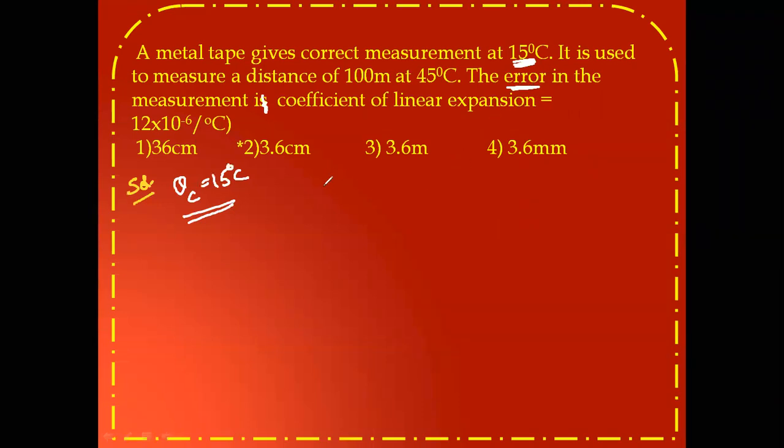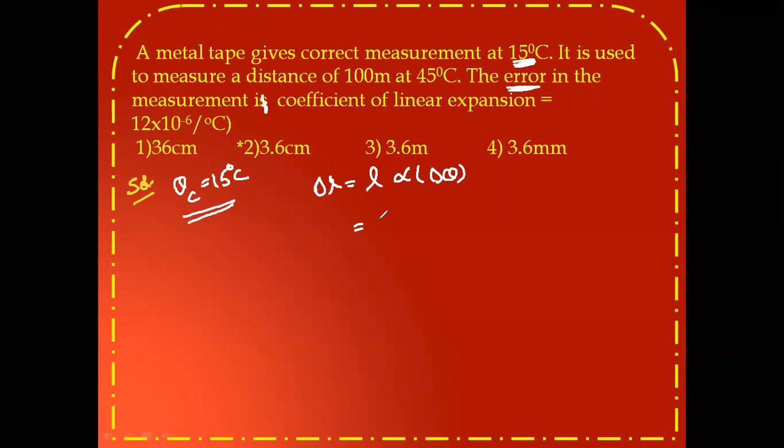Error in the measurement, delta L is equal to L into alpha into delta theta. So they are asking only the error in the measurement. So delta L is equal to L into alpha into delta theta.